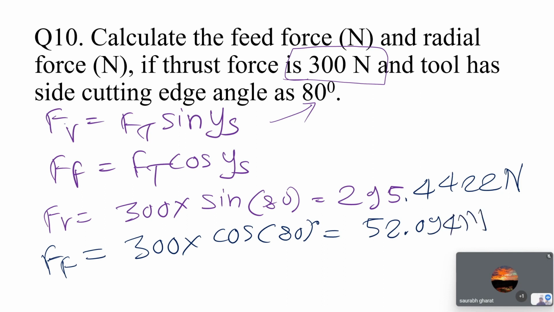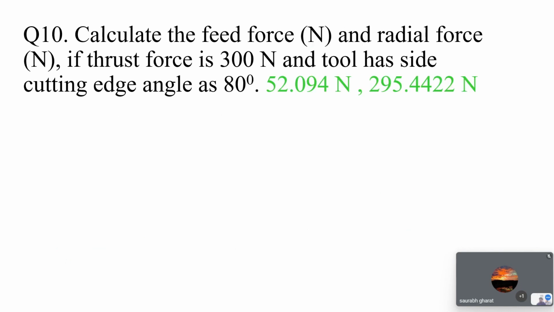What they asked is feed force first, then radial force, so this will be the answer because they are asking feed force first. That's just the way of answering it. There is no rocket science involved here.